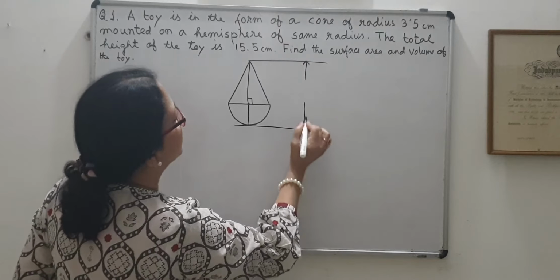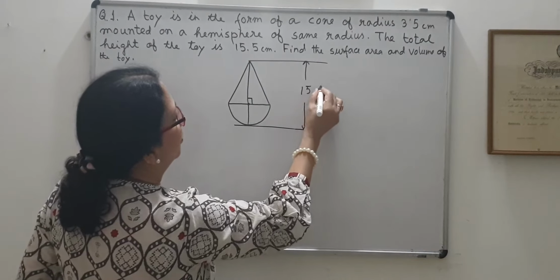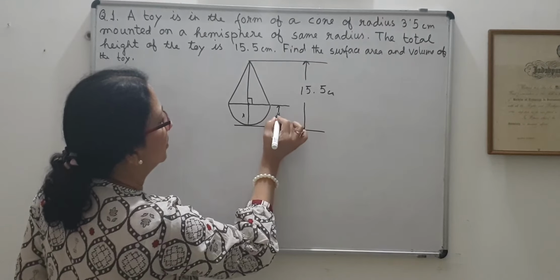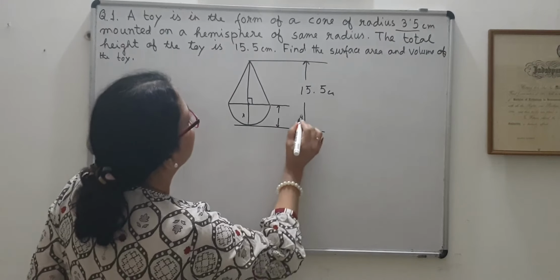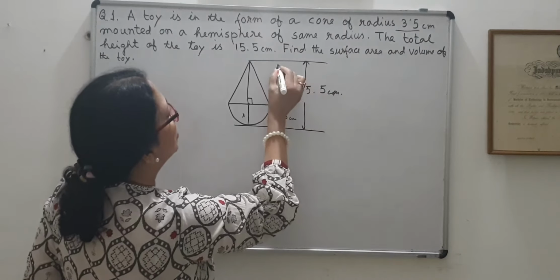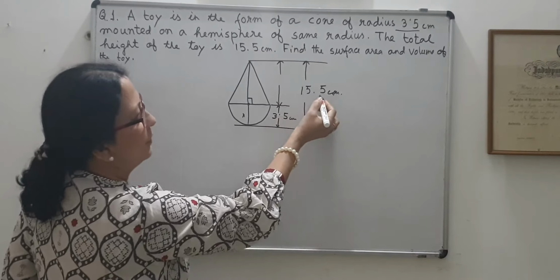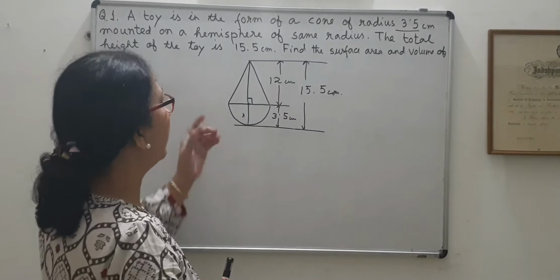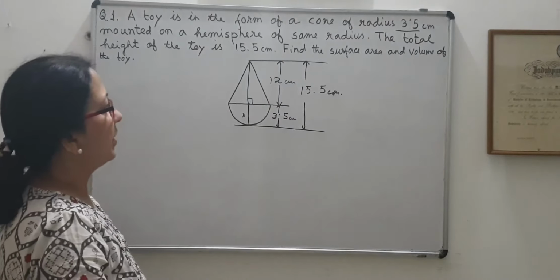The total height of the toy is given to be 15.5 centimeter, and this is the radius, which is 3.5 centimeter. So the height of the cone can very easily be found by subtracting 3.5 from 15.5, so it will be 12 centimeter. So it is very important to draw the cross-sectional view and to show the dimensions on the figure.